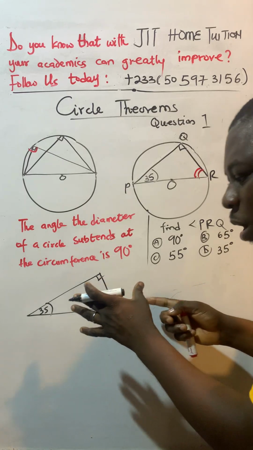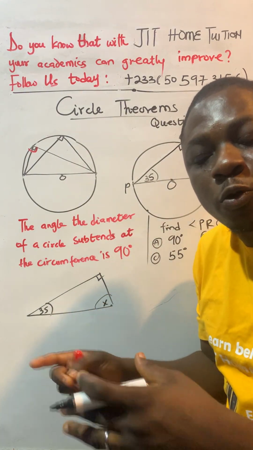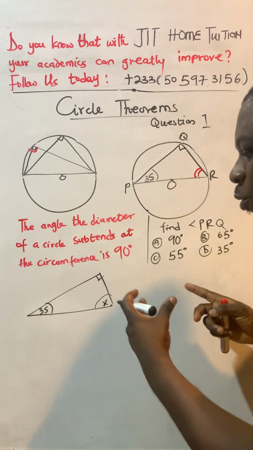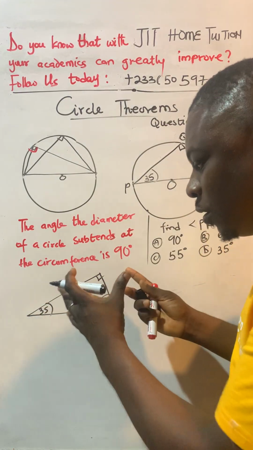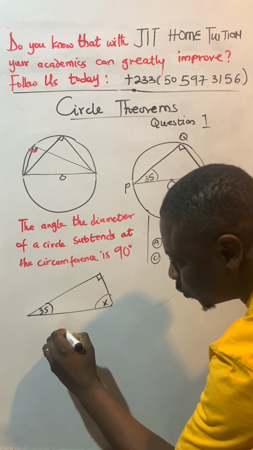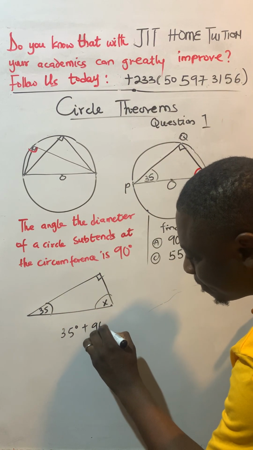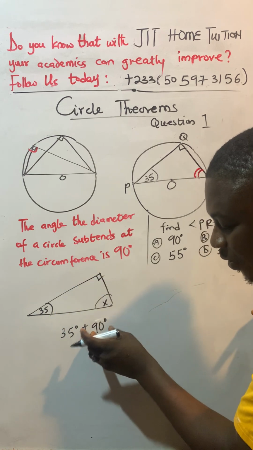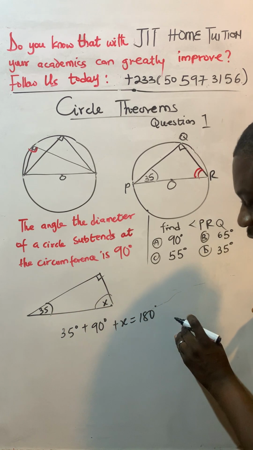X. Having done this, you bring your understanding from angles. What does it say? The sum of angles in a triangle is equal to what? 180, meaning that you have 35 degrees plus the 90, and I've explained how you got the 90, plus x equal to 180 degrees.